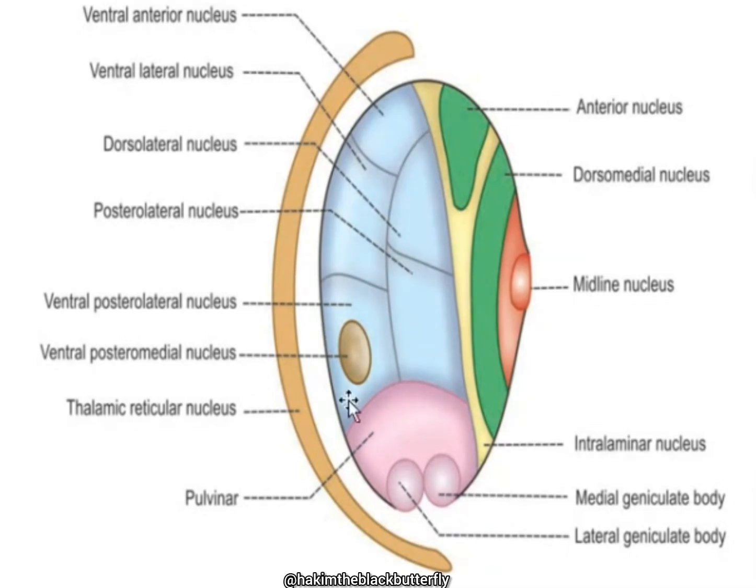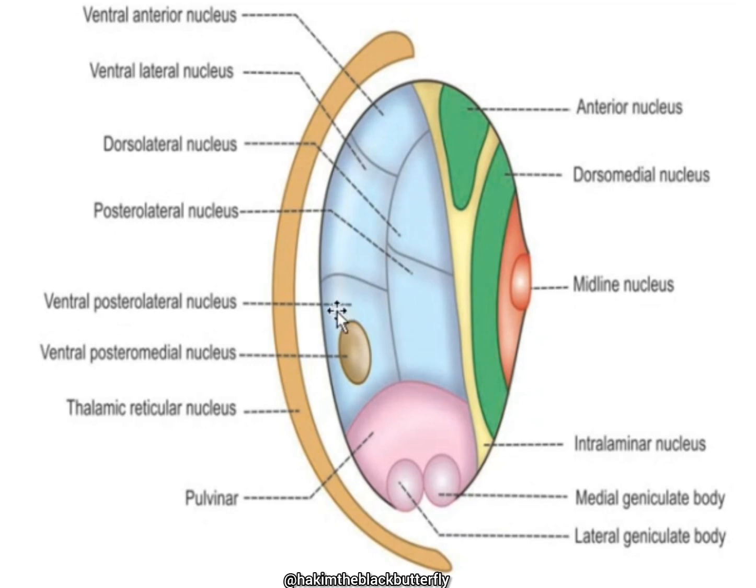Because I said the lateral group of nuclei has a dorsal and a ventral. The dorsal will have the dorsolateral and a posterolateral. Dorsal but lateral. Posterior but lateral. Then we have the ventral because they are below: ventral anterior, ventral lateral.